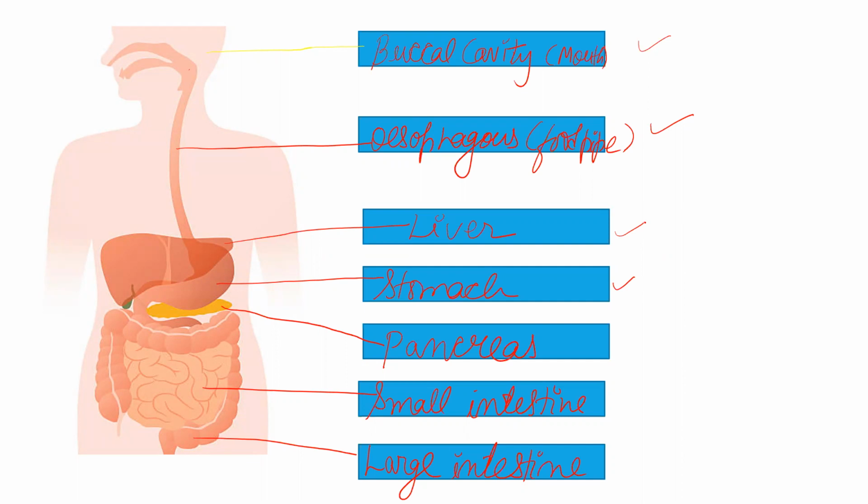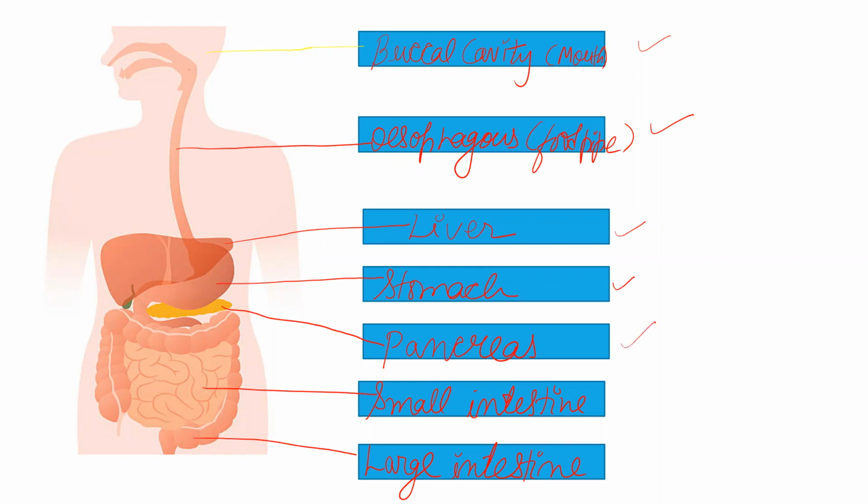Liver, this liver is doing many functions, like detoxification of the substance. Many are there, but when we are talking about the digestive system, we will only see the main function, that it will release the bile juices which are temporarily stored inside the gallbladder. As soon as the food contains the fatty item, then these will be released from the gallbladder.